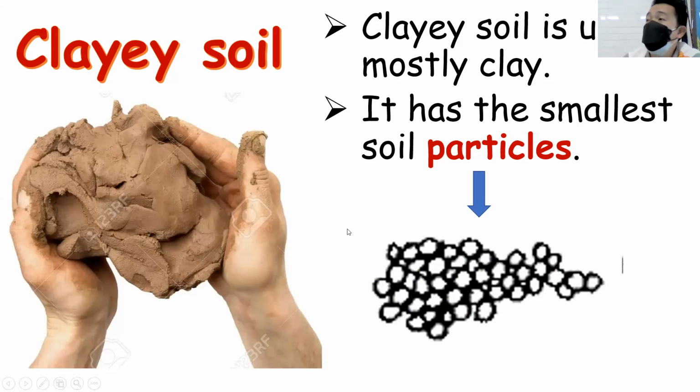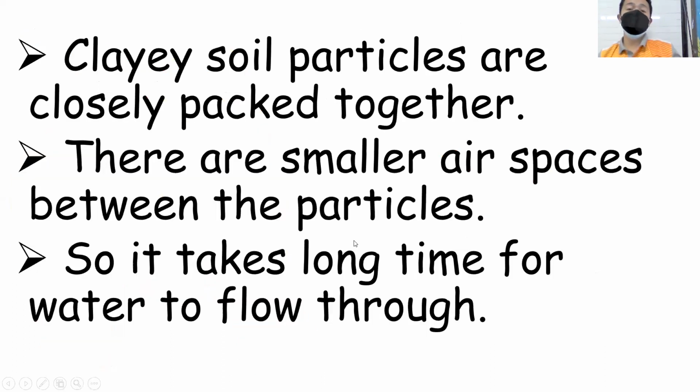Next. Now, where can you find clay soil? Clay soil particles are closely packed together, like this, close together. There are smaller air spaces between the particles, very small spaces. So it takes a long time for water to flow through.